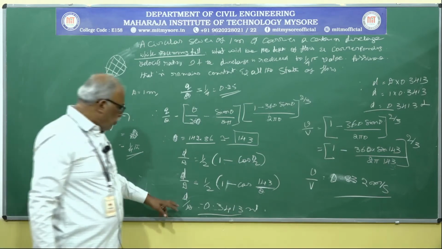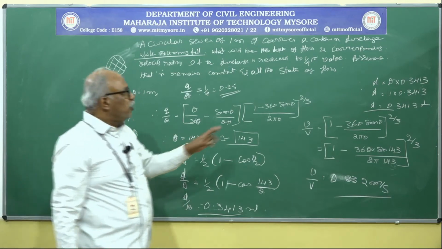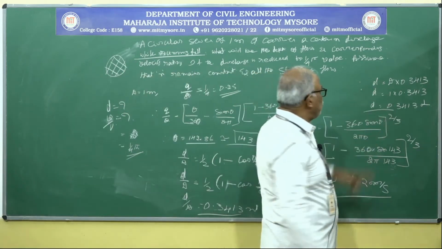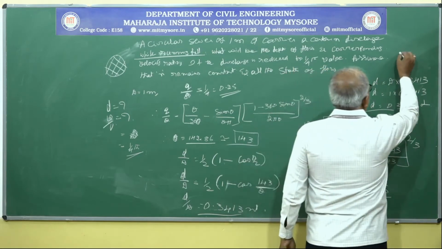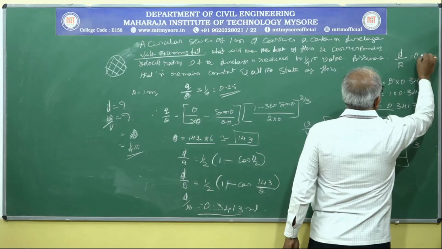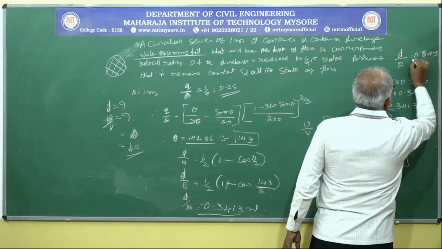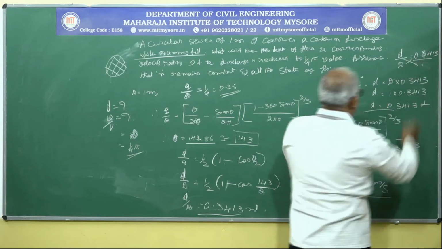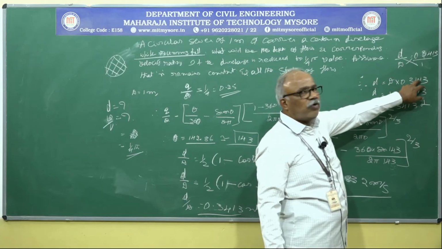Okay. So after this, how to calculate the small d? By cross multiplication I am calculating here. Small d by capital D is equal to 0.3413. By cross multiplication I get small d is equal to capital D into 0.3413.